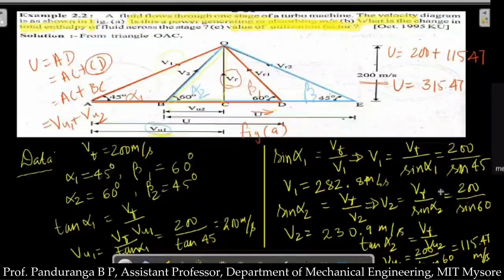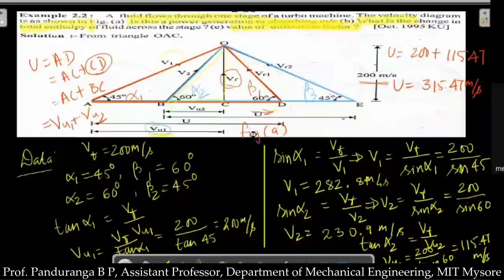Now we have these values. Let us find out energy transfer and see whether it's a power producing or power absorbing turbo machine. Please try to find out that and see the direction of U and VU1 and VU2.